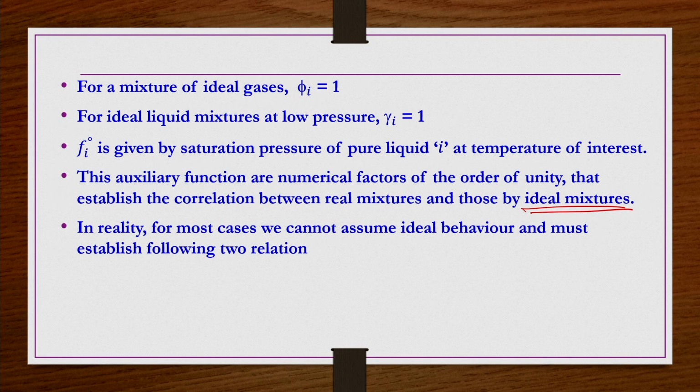In reality, for most cases we cannot assume ideal behavior and must establish the following two relations. That is, phi I is equal to f phi as a function of T, P, y1, y2 and so on, if it is a binary mixture. Similarly, gamma I is equal to f gamma as a function of T, P, x1, x2 and so on. So, it is not necessarily for the binary mixture, it is also valid for multi-component mixtures as well.